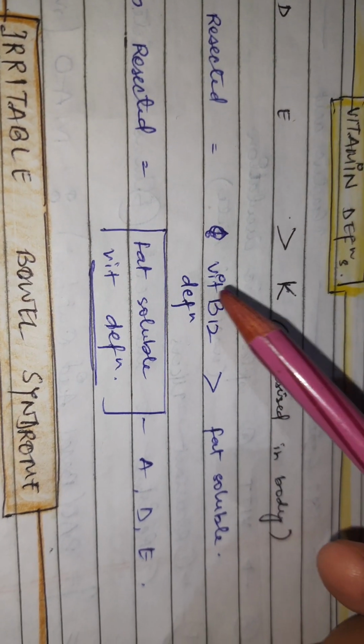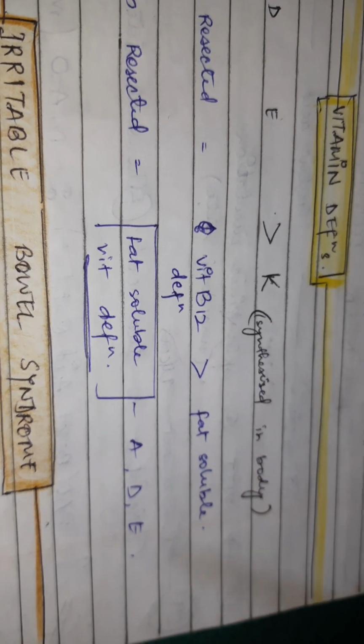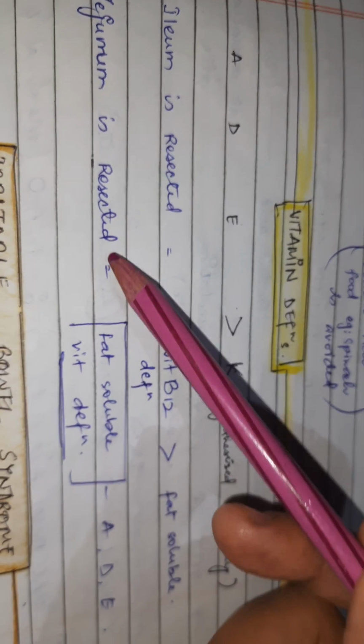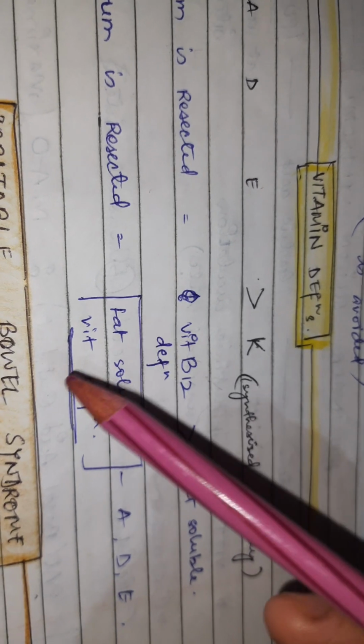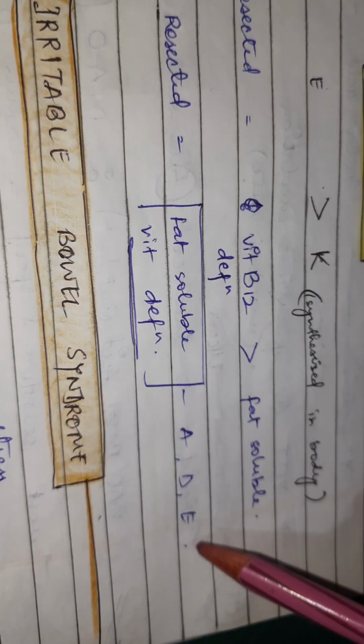If the jejunum is resected, then fat-soluble vitamin deficiency may occur, especially A, D, E, not K, because it is synthesized in the body.